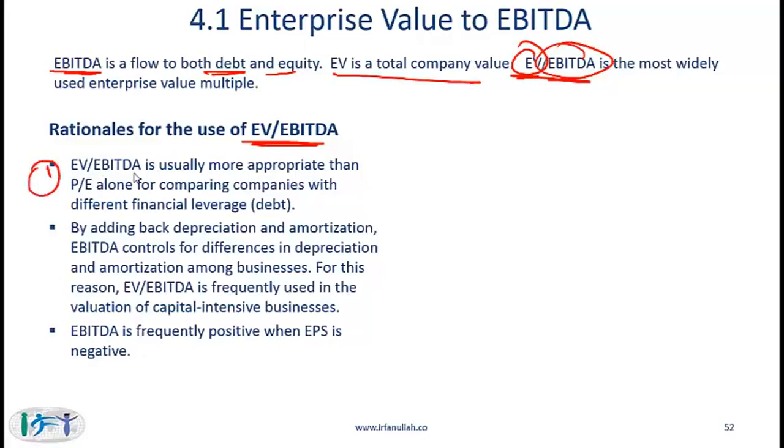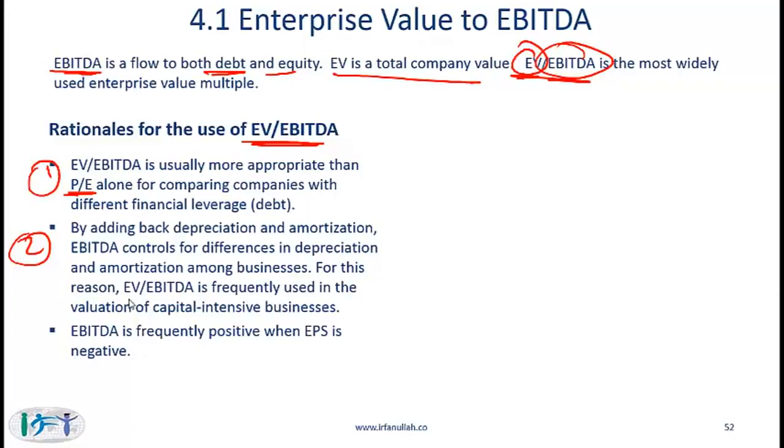The first one is that EV to EBITDA is usually more appropriate than the price earnings alone for comparing companies with different financial leverage. The second point is that by adding back depreciation and amortization, EBITDA controls for differences in depreciation and amortization among businesses.